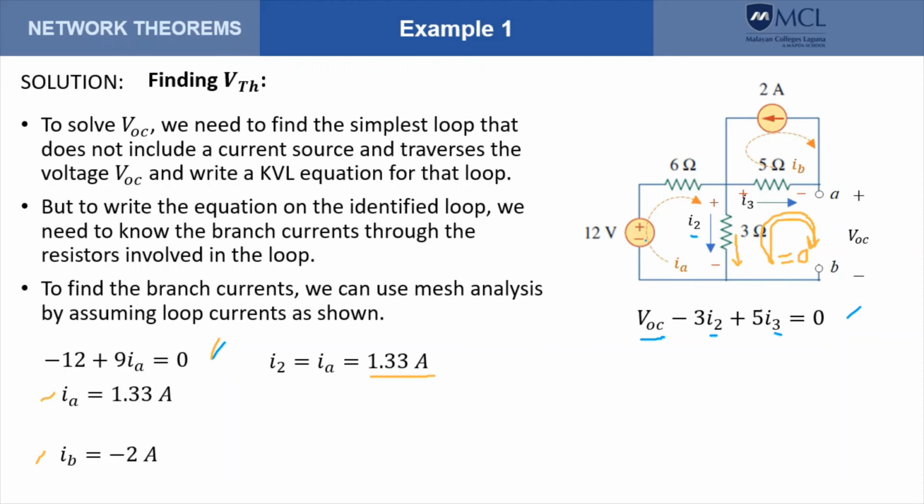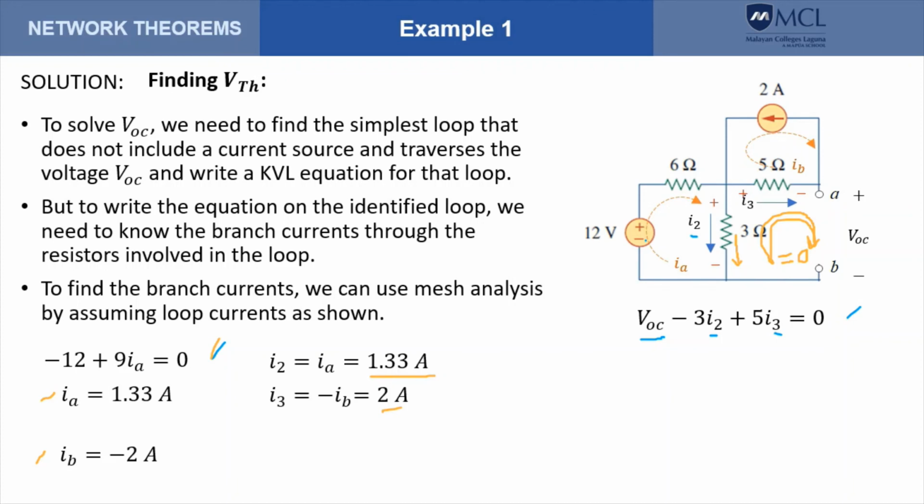Likewise, for I sub 3, the only loop current that passes through 5 ohms is I sub B, but I sub B is in the opposite direction that we have specified for the branch current I sub 3. So therefore, we have I sub 3 as the negative of I sub B, which we'll get to be 2 amperes.